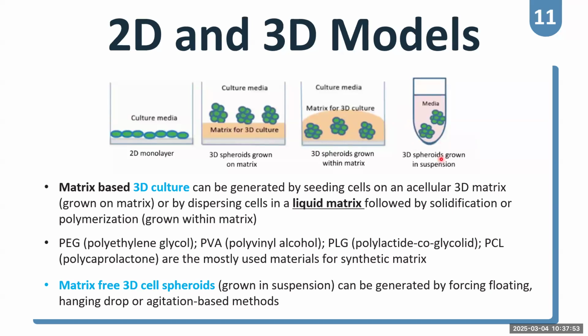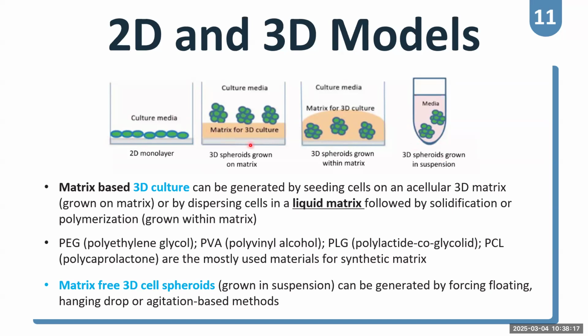The important thing to think about when you want to do 3D cell culture is one thing: do not allow the cells to attach to the plate. If they attach to the plate, it means they can grow in a monolayer. So you can do anything to avoid the cells attaching to the dish.